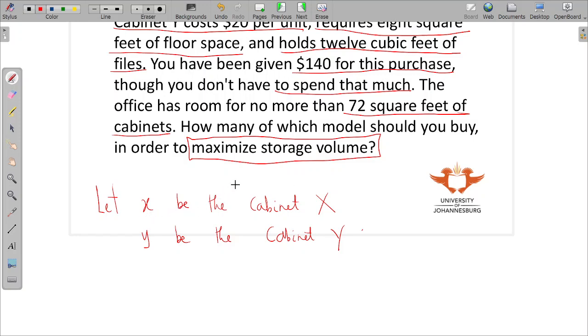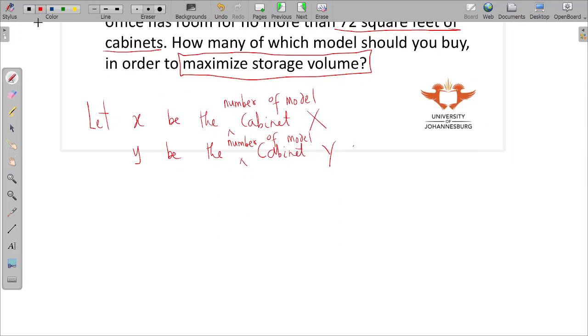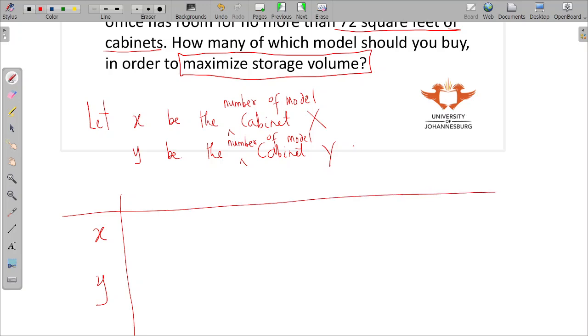Let X be the number of model in cabinet X, and let Y be the number of model in cabinet Y. That is fine. So let's write that here. We have X, we have Y.